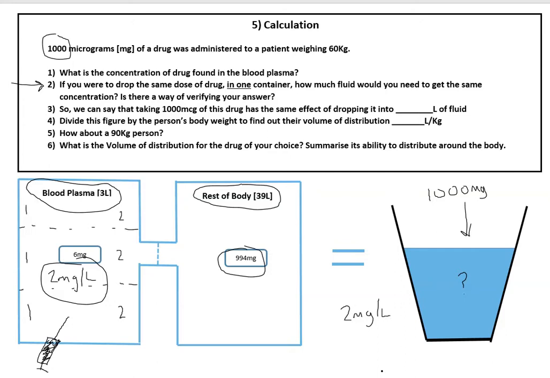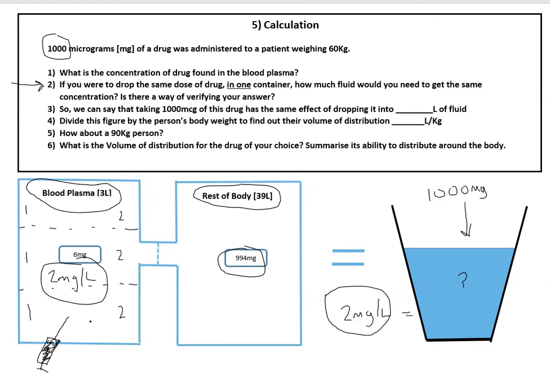That is the question. So again, if you dropped 1,000 milligrams of drug, the same amount of drug, into a vat of water, a container of water, how much fluid would you need to get the same concentration as over here?